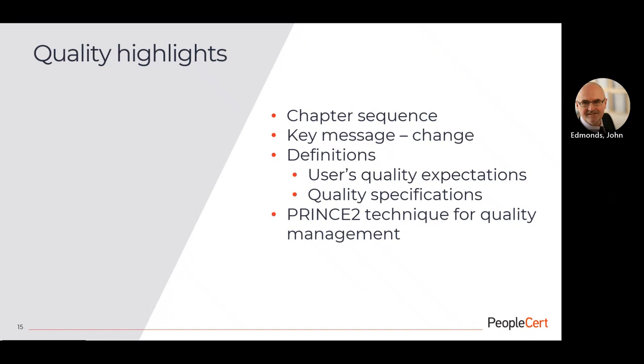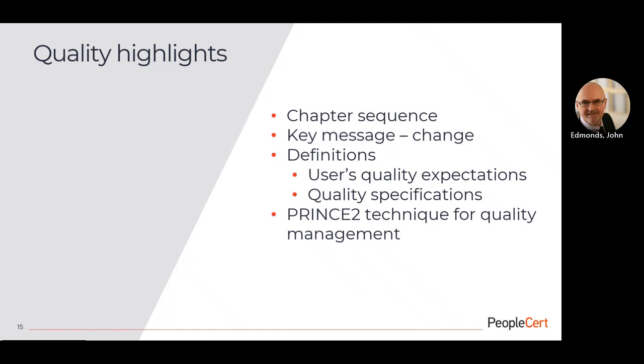We also talk about quality specifications instead of quality criteria. Whereas before we had 2 types of criteria, acceptance and quality, we now have the one, and we use this one, quality specifications, to focus in on the quality requirements for an individual product.